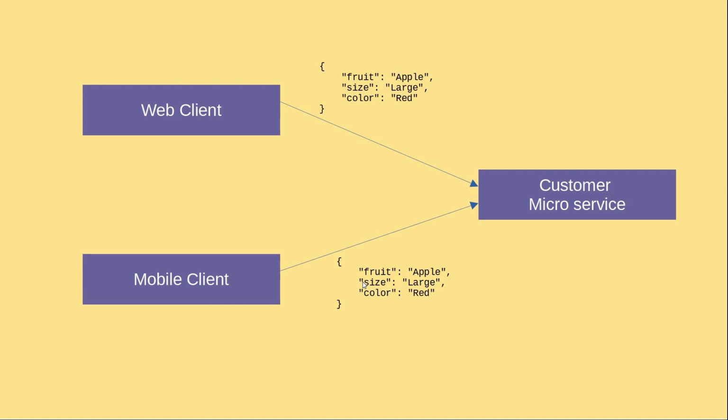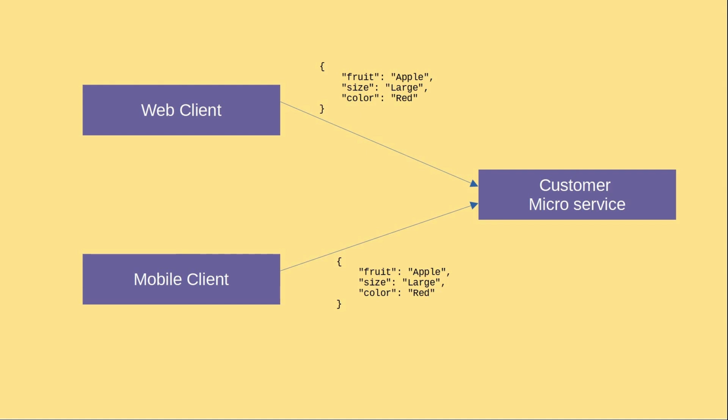Or the other option is to write another API in the customer microservice, one API for the web client and another API for the mobile client with less data. That's another option, but again, this will increase our code, and unnecessary maintenance will increase. So GraphQL can help in this.